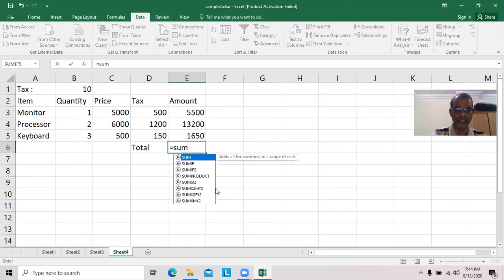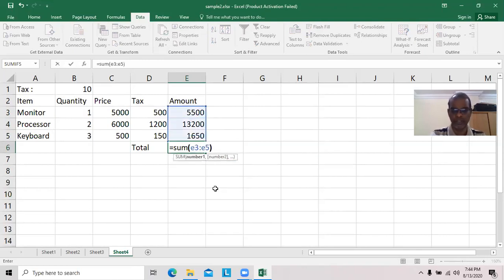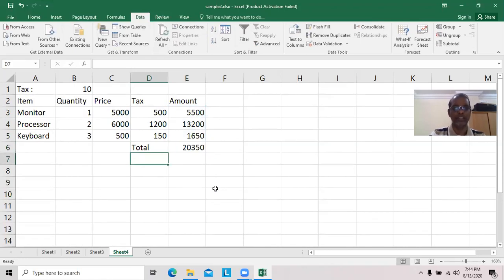Already we know very well, sum of E3 colon E5. That's good. This is what we studied in the very first lesson itself: multiplication as well as addition. That's all. We are preparing one sales invoice. If the tax changes to 5%, everything will be changed. If it is 18%, that will be changed.